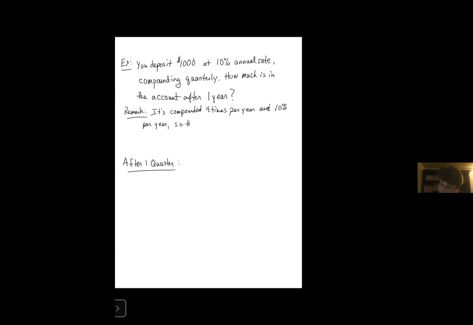So the quarterly interest rate is 10% divided by 4, which is 2.5%. We're going to find this going through quarters. Our quarterly rate is going to be 2.5%. And we're going to figure out how much interest and then the total amount at the end of the quarter.